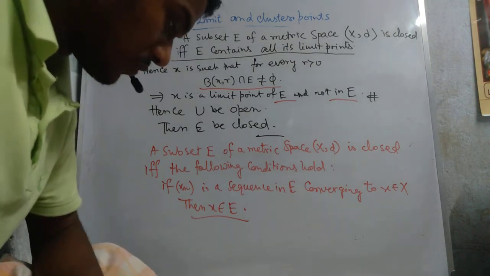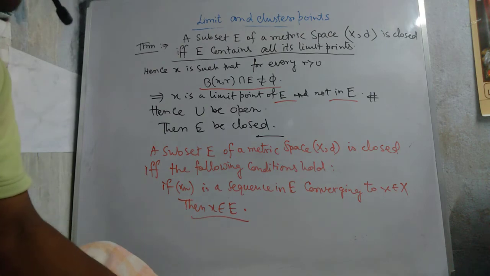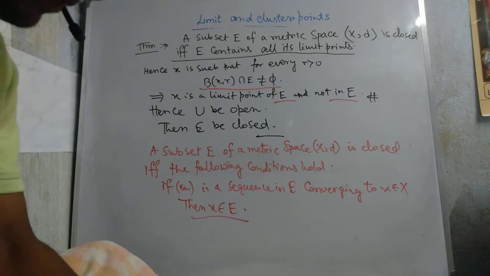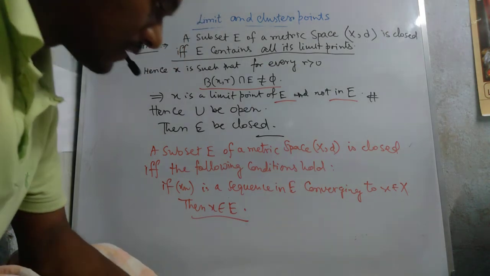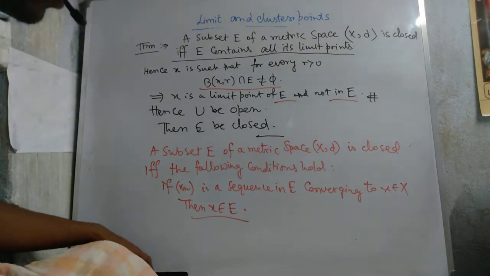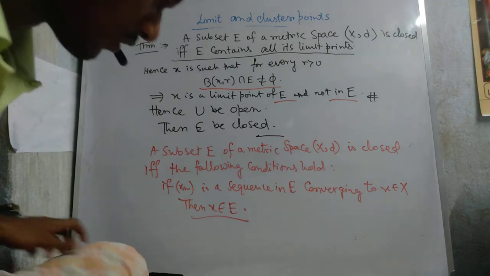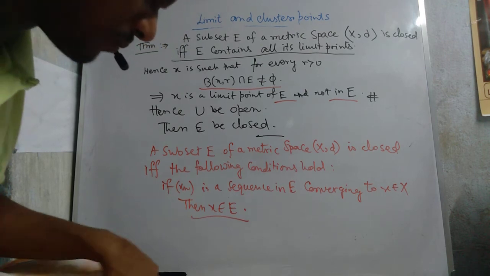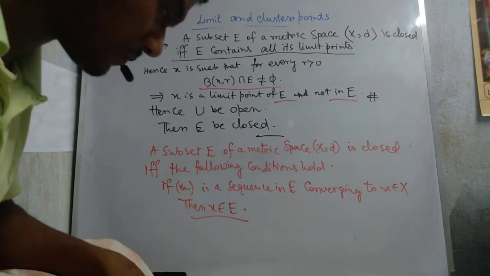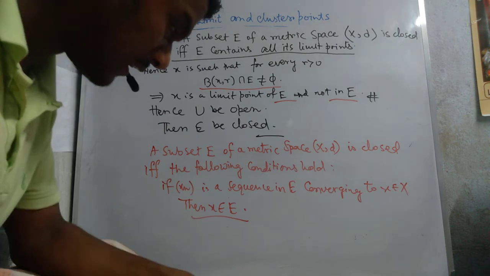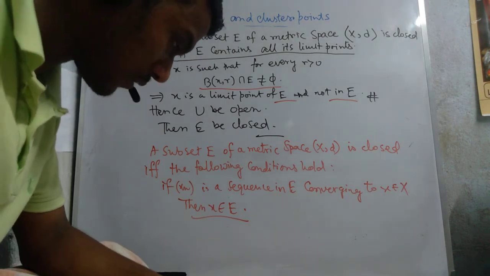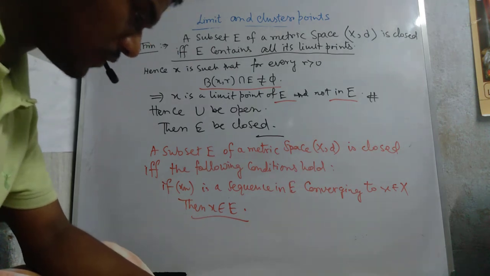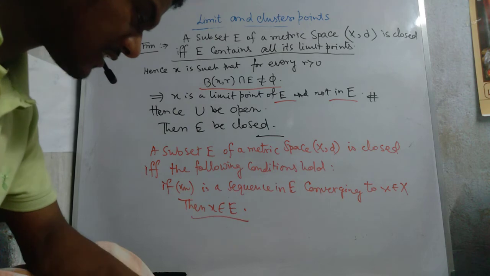Now we start with an example, one familiar example. Here given that C[0,1], the set of all real valued continuous functions on [0,1], is a subset of B[0,1] under the sup norm. If f belonging to B[0,1] is a limit point of C, then f belongs to C also, and hence C is closed.